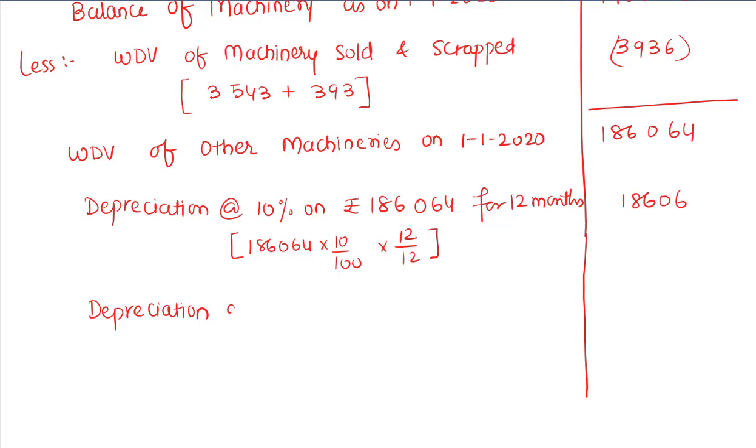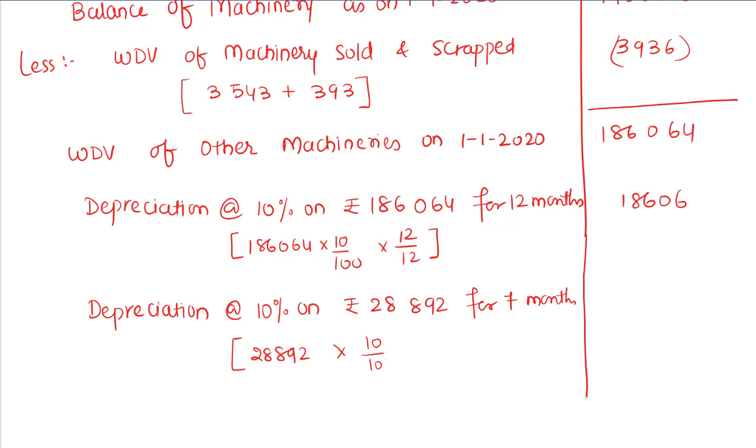Depreciation at the rate 10% on rupees 28892 for 7 months. So 28892 multiplied by 10% into 7 by 12.